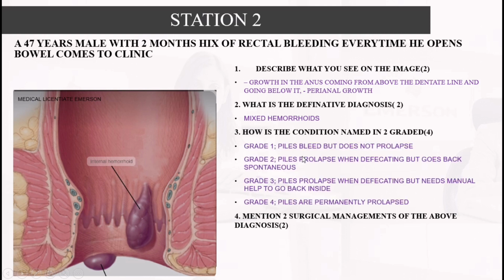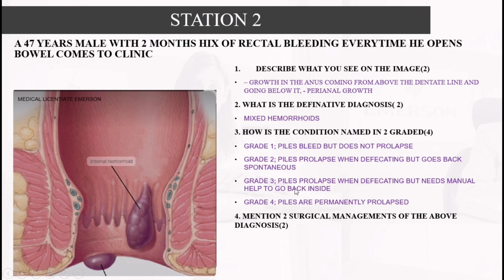So how do you classify hemorrhoids? Hemorrhoids are graded from grade 1 to grade 4. Grade 1, the hemorrhoids bleed but do not prolapse. Grade 2, piles prolapse when defecating but go back spontaneously.